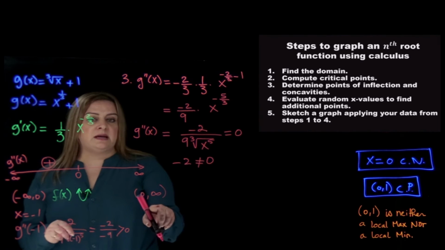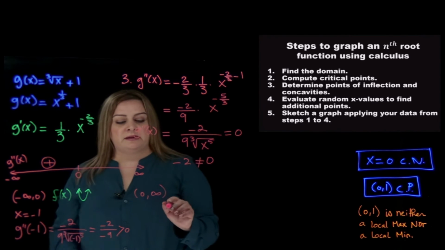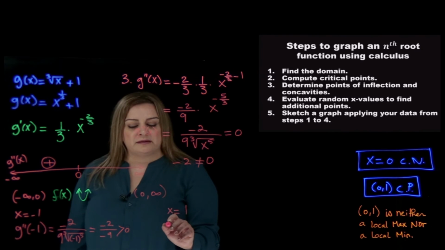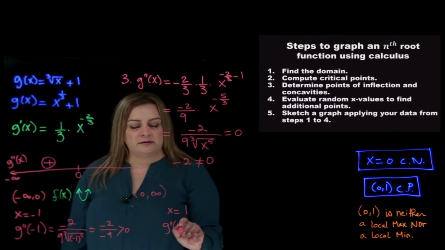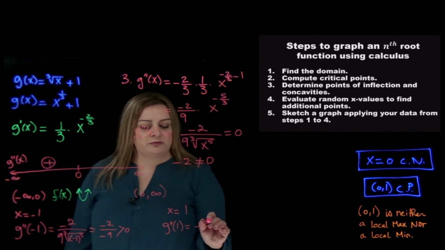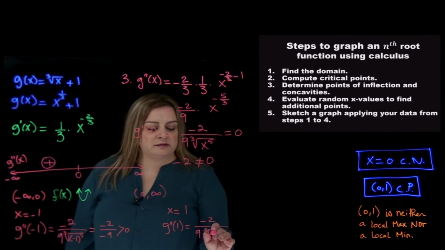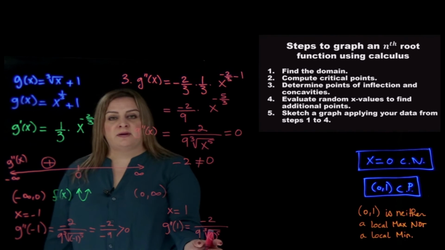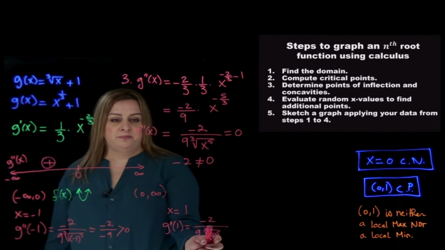Now, choosing a value from 0 to infinity, if I let x equal 1, then g double prime of 1 will be negative 2 over 9 times the cube root of 1 to the 5th power. This value in the denominator is positive.